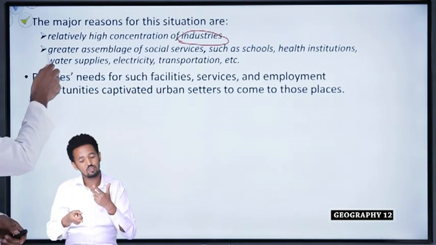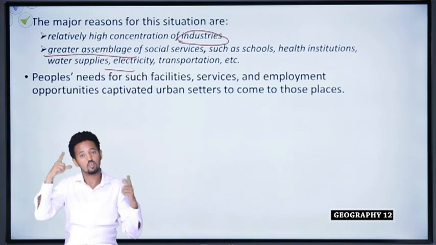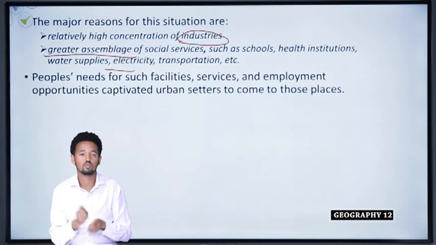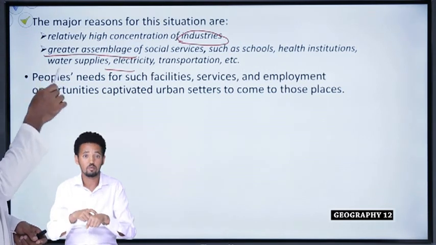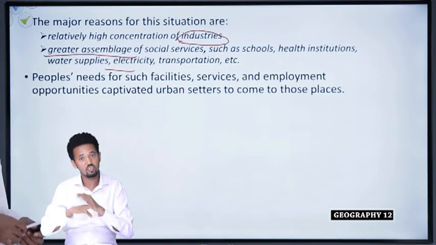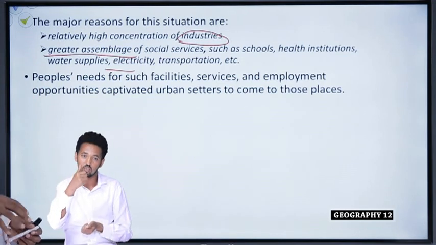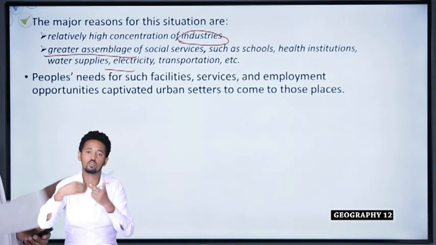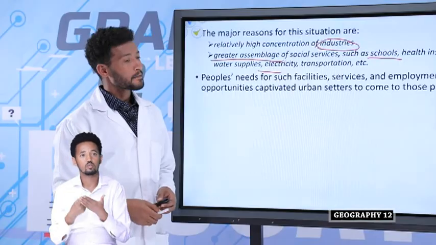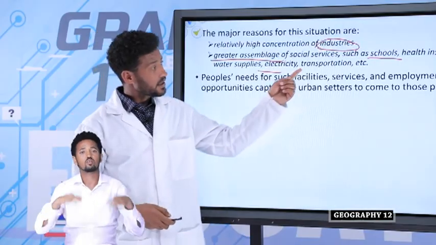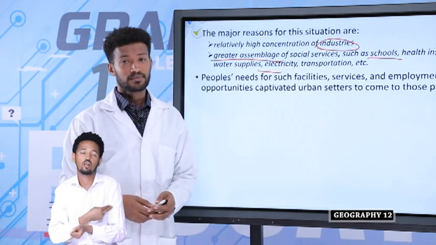The second one is that there is a greater assemblage of social services, especially in recent times. Greater services are given in the urban regions of Addis Ababa or in the Showa regions, such as schools. And the very important thing is health institutions.